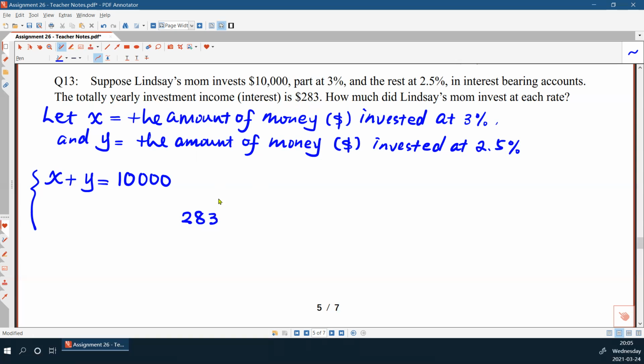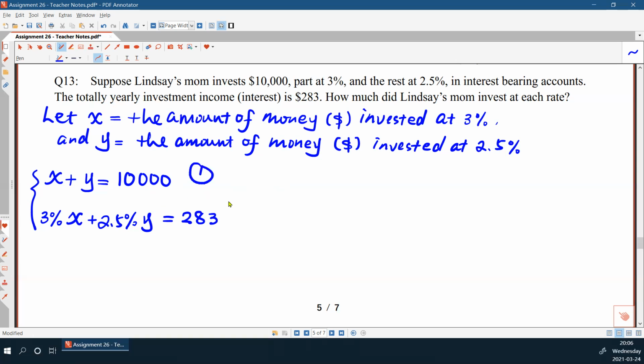Total interest comes from two parts. The first part is 3% of X. The second part is 2.5% of Y, right? So the sum of these two numbers should equal the total income. Now we have two variables and two equations, and we should be able to find the value of these two variables, right?